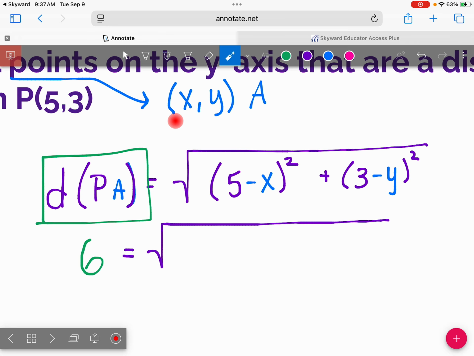If it's on the y-axis, that means my x is 0. So this guy's just going to be 0. So I could rewrite this as my 5 minus 0 squared plus my 3 minus y squared.